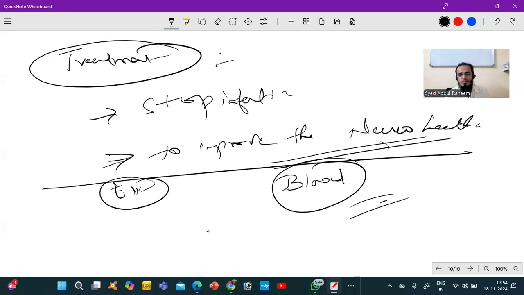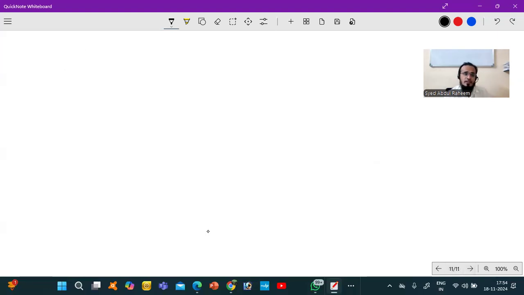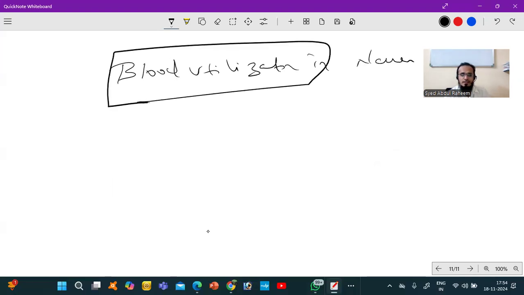To improve the circulation, we have to treat this disease as a blood disorder. Blood utilization is decreased. So what do we have to do? We have to increase the blood utilization in the neuron. We have to focus on this.